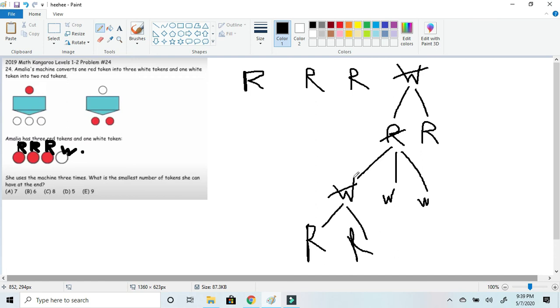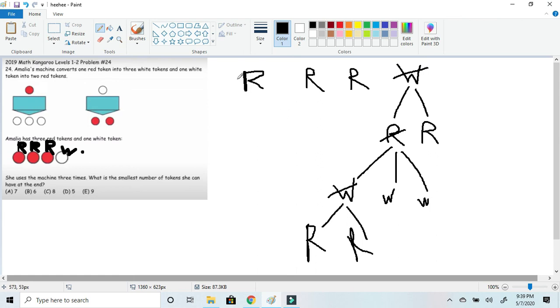And then we canceled finally for our third use of a machine for 1 W into 2 reds. Now let's count out all of the letters remaining, since we also cancel out this one, and this one. So that's 3 canceled out. But without further ado, let's just start counting it, and with that, we'll get our answer.